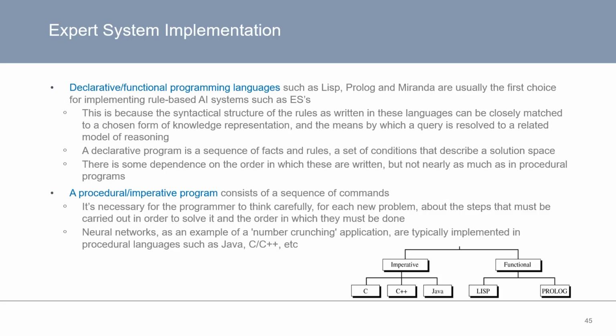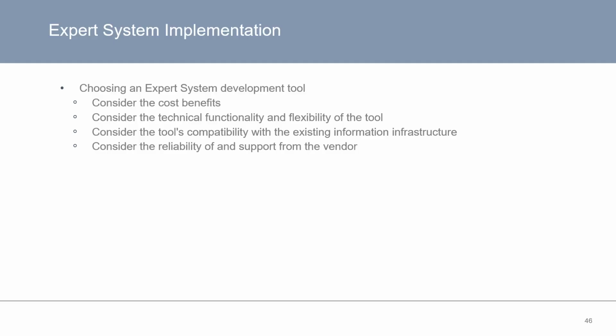Lastly, when it comes to expert system implementation, we want to choose an expert system development tool, which could include the expert system shells we discussed in a previous lecture. And in doing so, we consider the cost benefits, the technical functionality and flexibility of the tool, its compatibility with the existing information infrastructure, and the reliability of and support from the vendor.